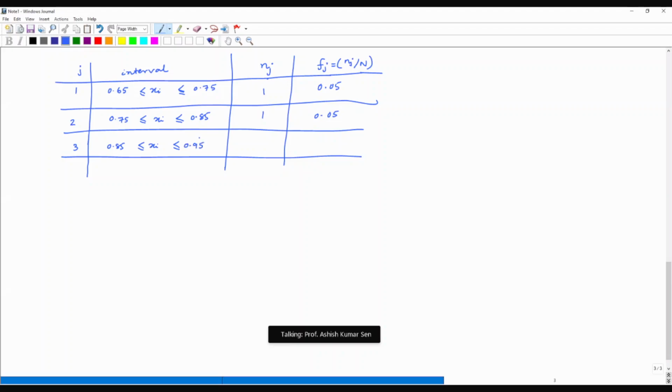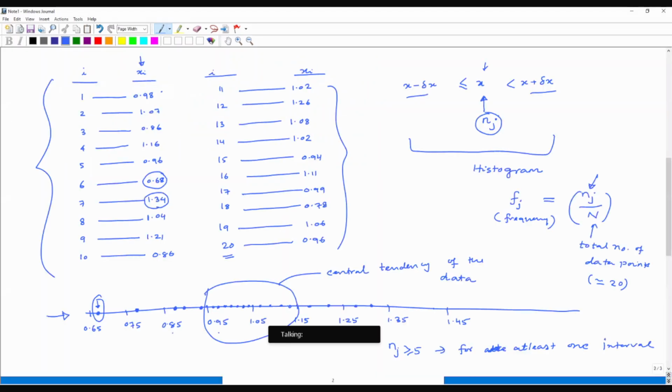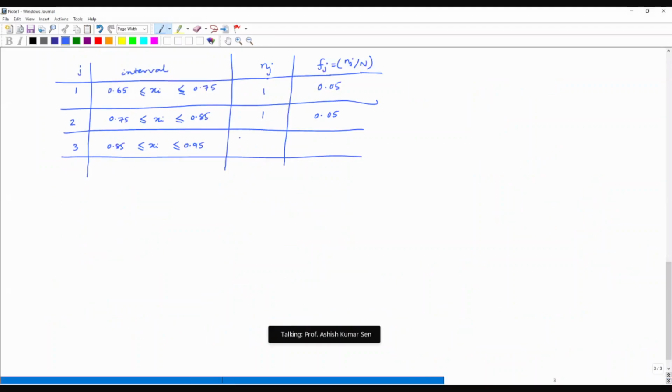Between 0.85 and 0.95, I have three data points. So it will be 3 divided by 20, which is 0.15.